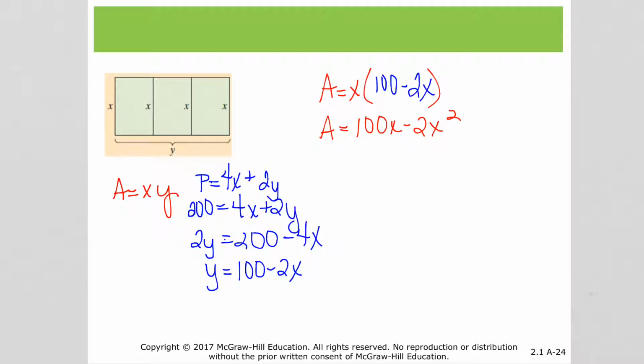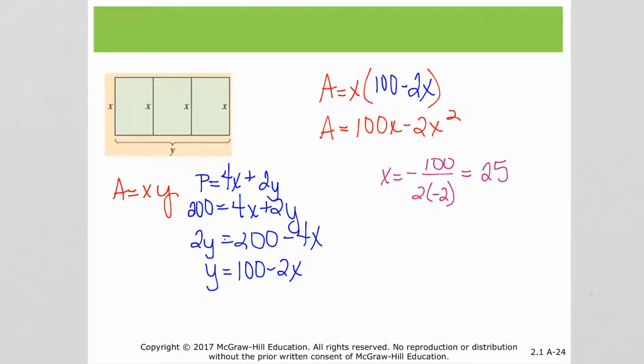To find the x value of the vertex, we do negative b over 2a. And I know I've got this switched around, but a is still in front of the x squared, so it's negative 2, and b is still in front of the x, so that's 100. And so the x value of the vertex is 25.